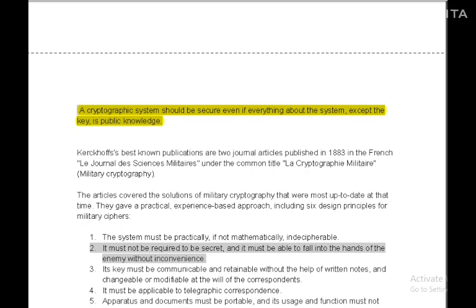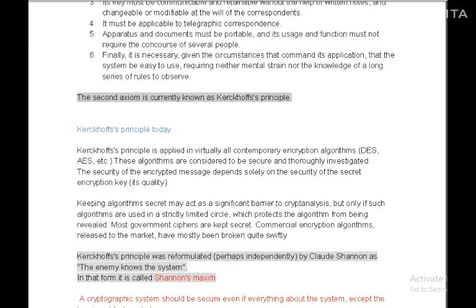Basically, if we are designing a cryptographic system or algorithm, we can make the algorithm public, but the key used for encryption must be kept secret, so that an unauthorized user cannot access the sensitive information.